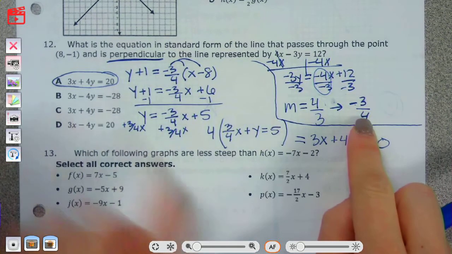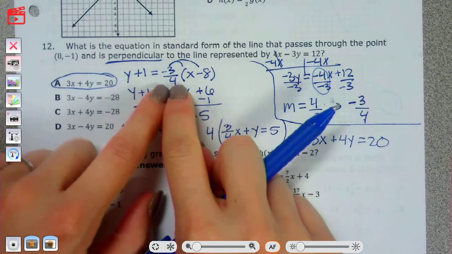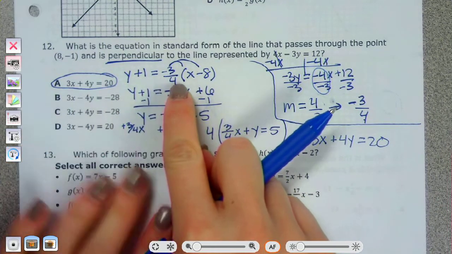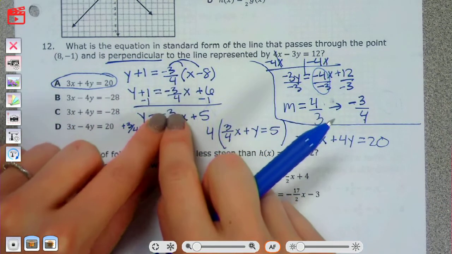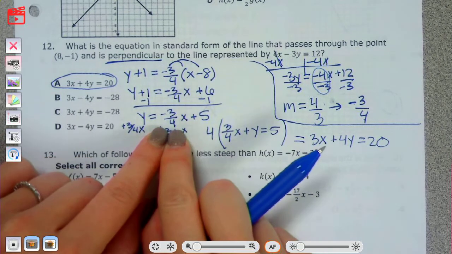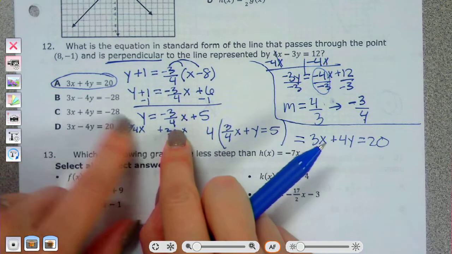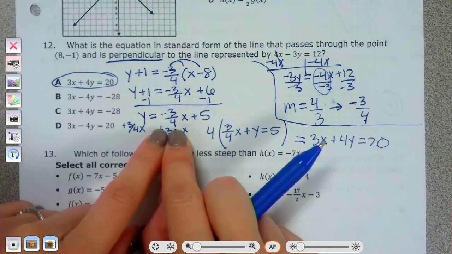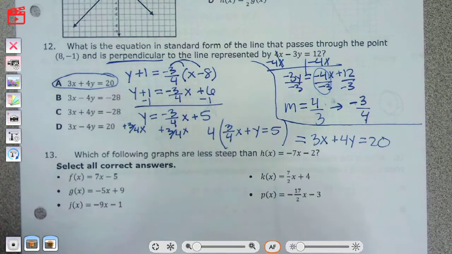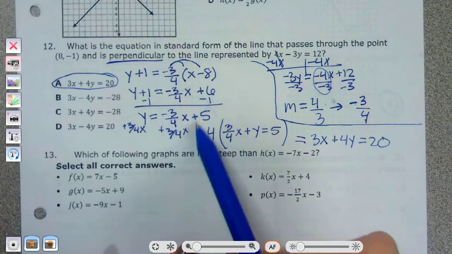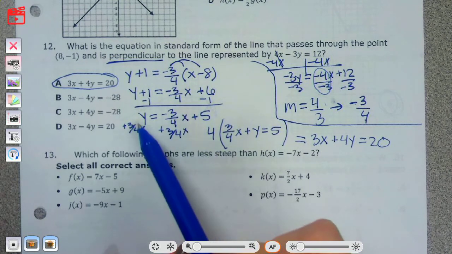So we take our slope and our point, and we're going to put it in this point slope form. So what I did was I worked it down to slope-intercept form, and I looked at all my answer choices, and I said, those are not in slope-intercept form, so I had to convert it to standard. To convert it to standard, remember, you have to get your x on this left side.